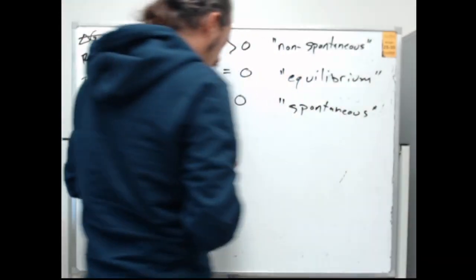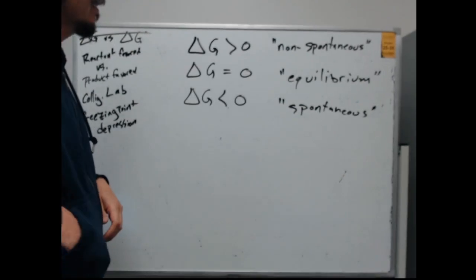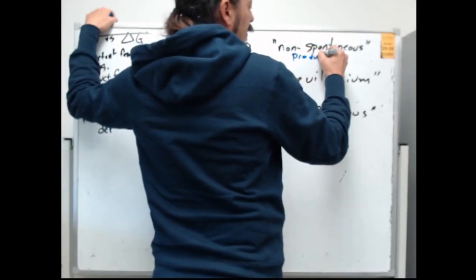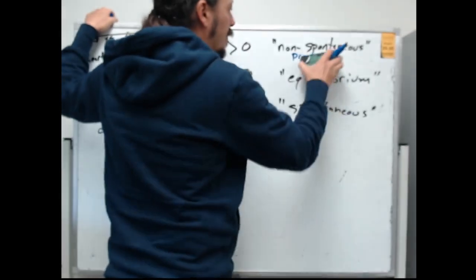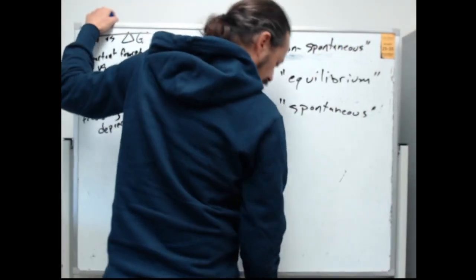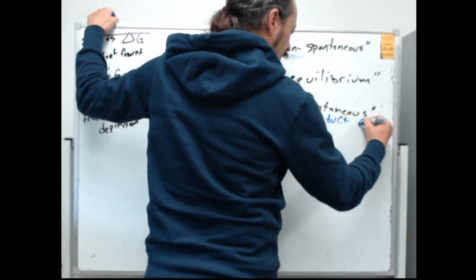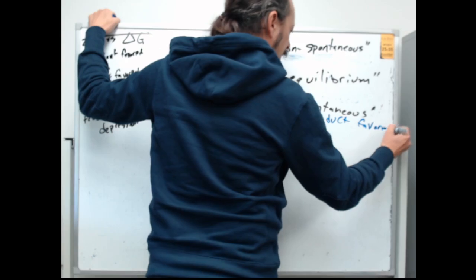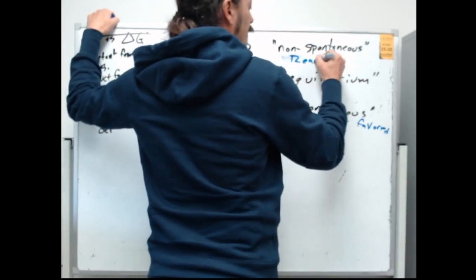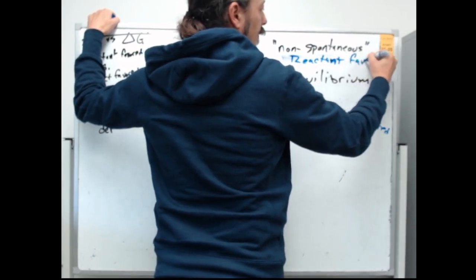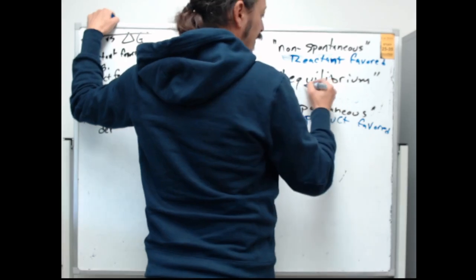And I've used some similar words for this, right? I've said this is product favored. Nope, sorry, got it backwards. This one's product favored. This one's reactant favored. This one's still equilibrium.